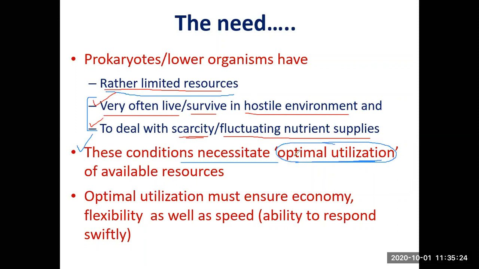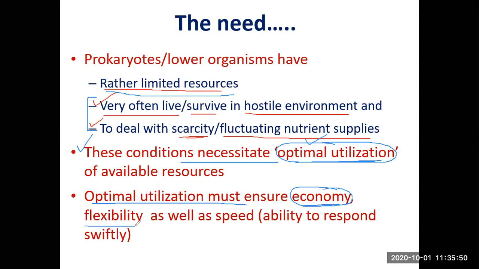Okay, and optimal utilization must also be accompanied by economy. A bacteria cannot engage itself in wastage of energy, wasteful metabolic pathways. So it has to ensure economy. It has to show flexibility.